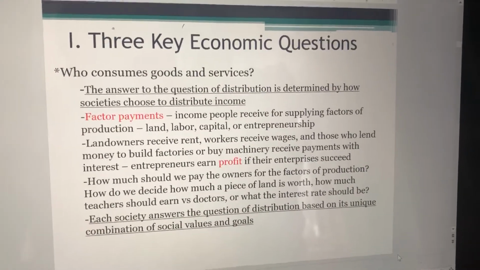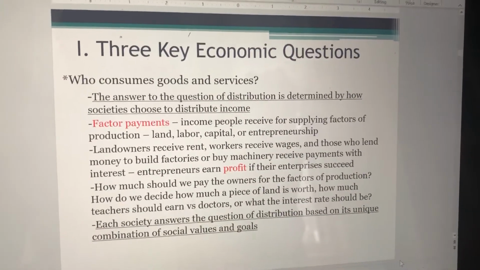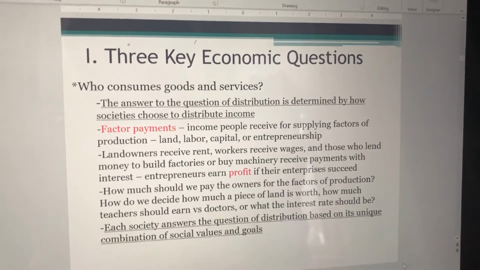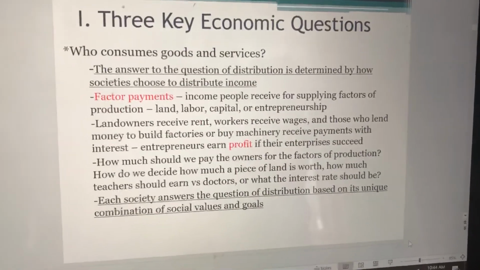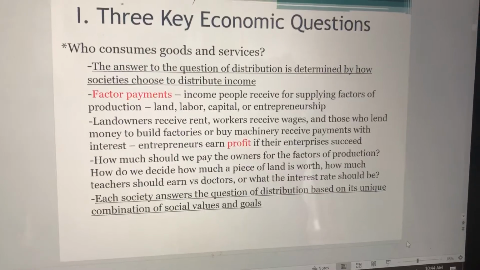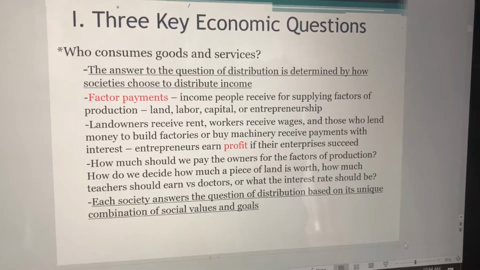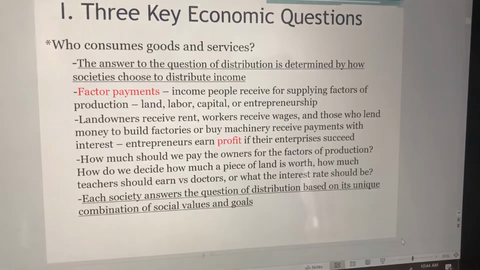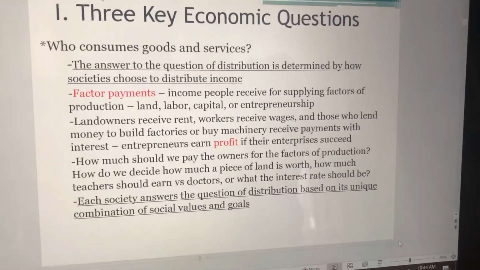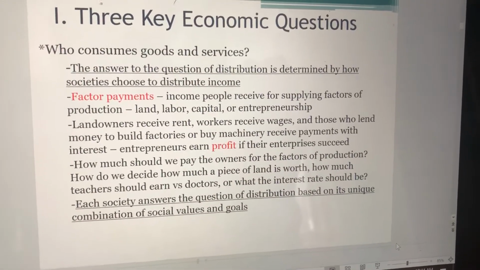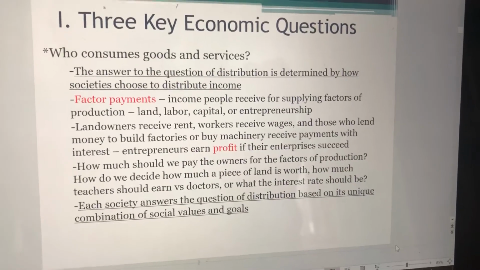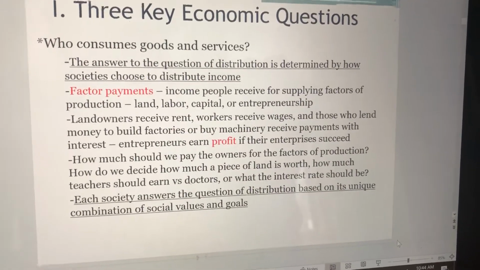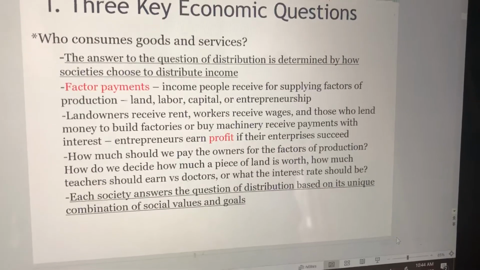That helps me decide what goods and services I can afford in the marketplace. Okay, so that's labor; I receive a wage. Landowners receive rent, right? Those who lend money to build factories or buy machinery receive payments with interest. We all know about our entrepreneurs. They receive a profit, okay?